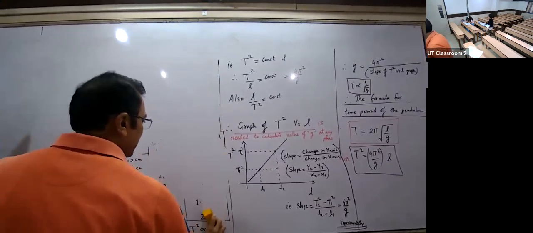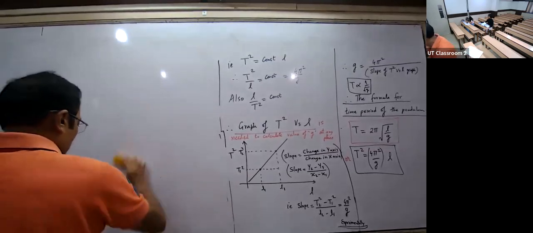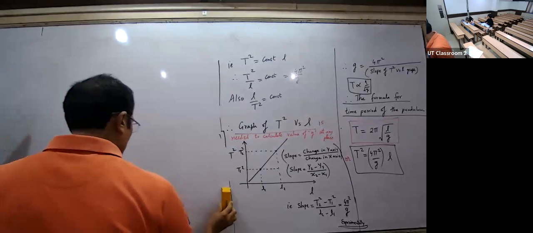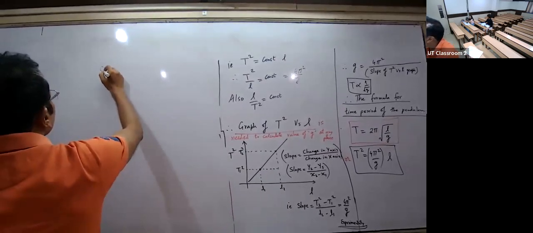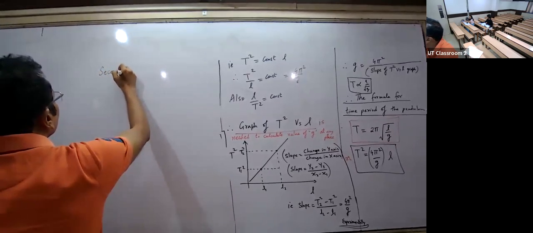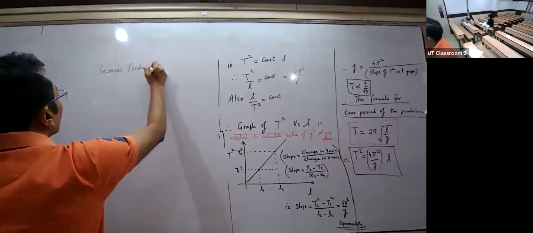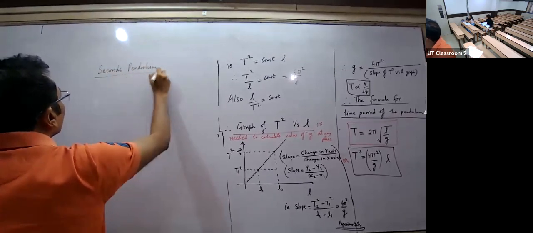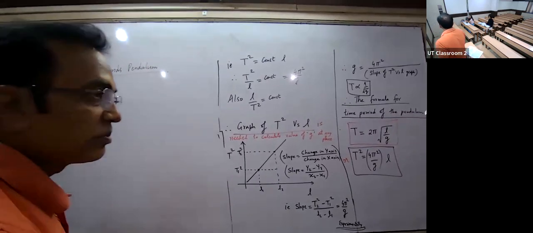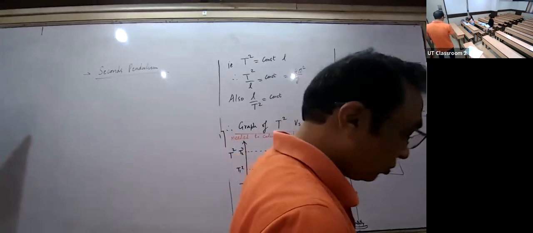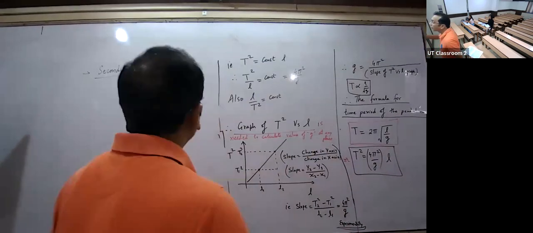Last is the second pendulum. A second pendulum is a pendulum whose time period is 2 seconds.